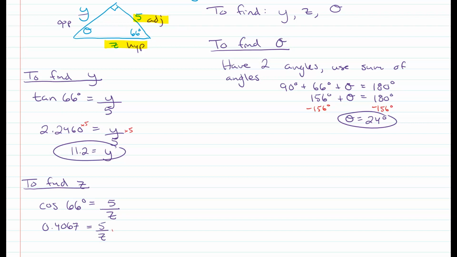I'm going to clear the fraction by multiplying by the bottom. Divide by the coefficient in front of the variable. And I'm left with z equals 12.3.